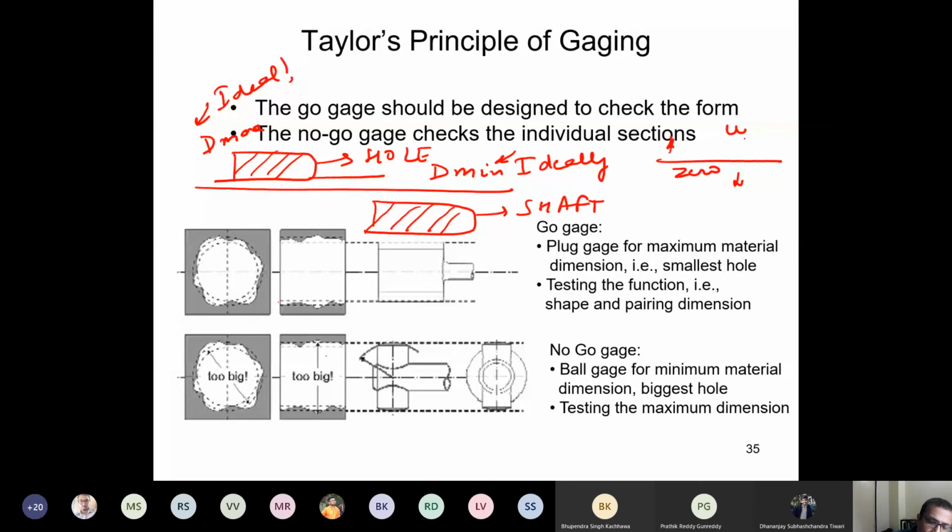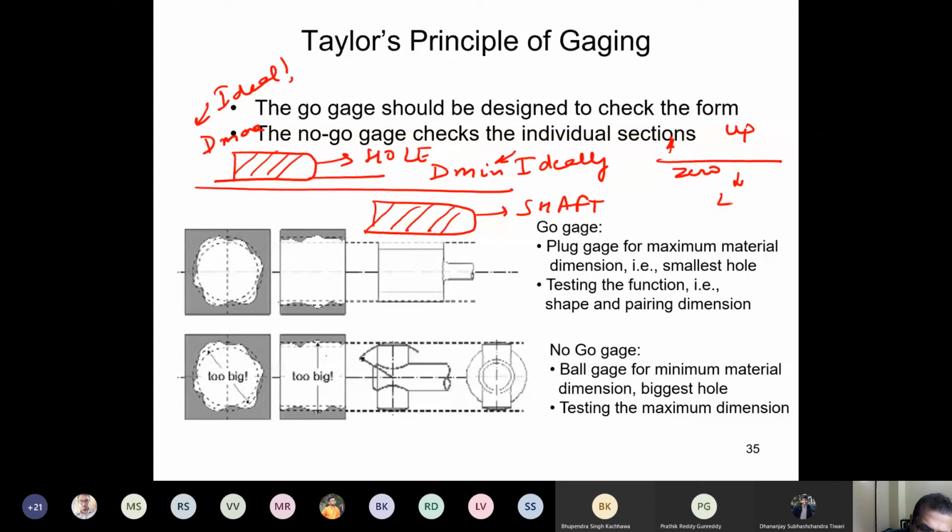Let's say up, down. Who is the brave soul who will tell me where I should put the tolerance? Should I make my gauge slightly lower than D min or slightly higher than D min? Let me just put low and high. That will be good.